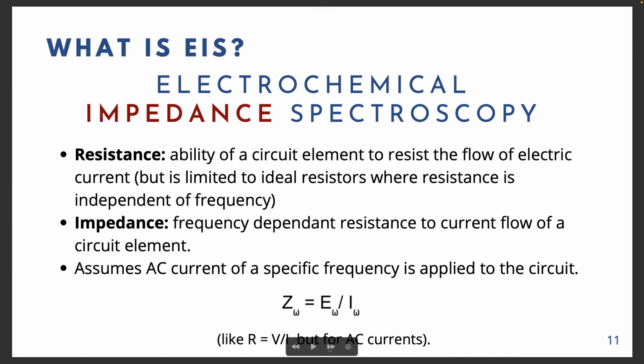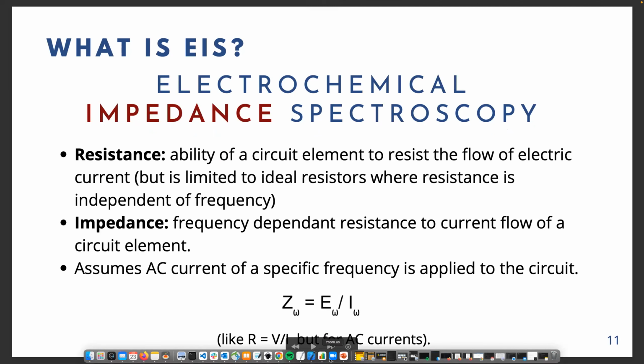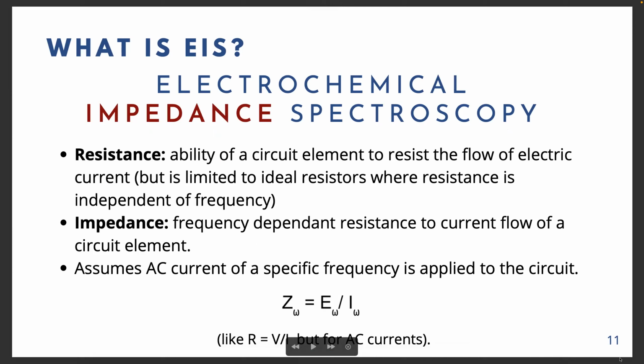The impedance part of it, so dialing back a bit, I'm sure everyone's familiar with resistance, which is basically the ability of a circuit element to resist the flow of current. But when we speak about resistance, it's only limited to ideal resistors, which follow Ohm's law and where the resistance of the element is independent of frequency. So impedance extends that concept and brings in frequency dependent resistance to current flow of a circuit element.